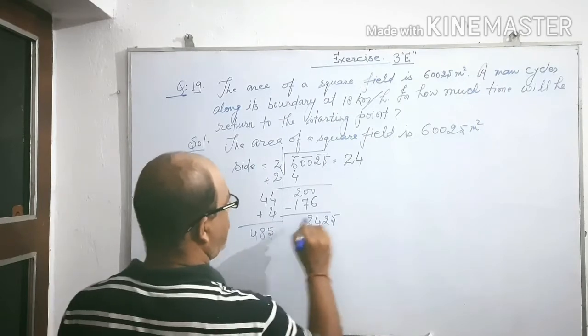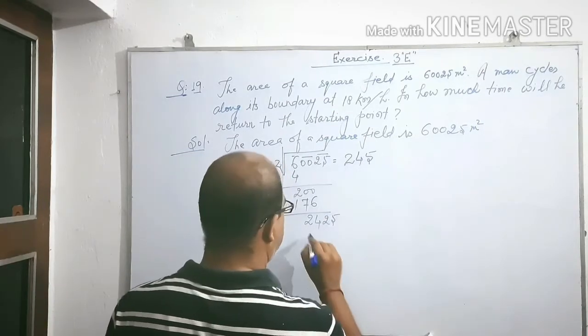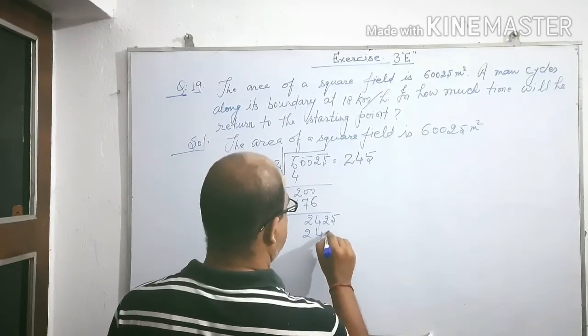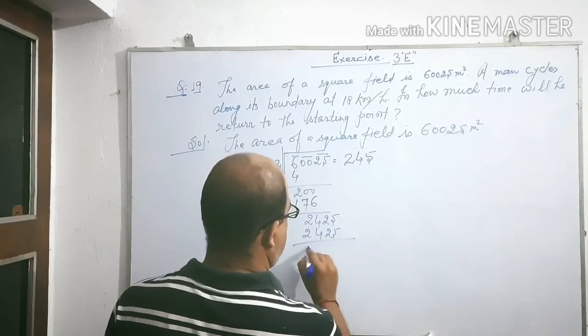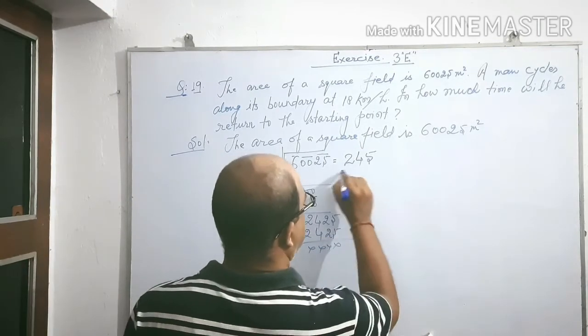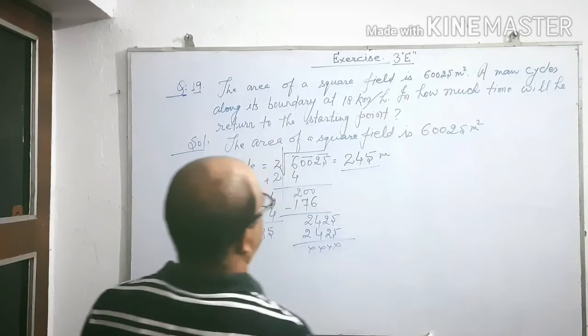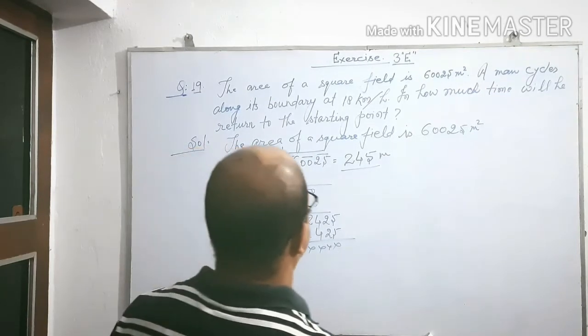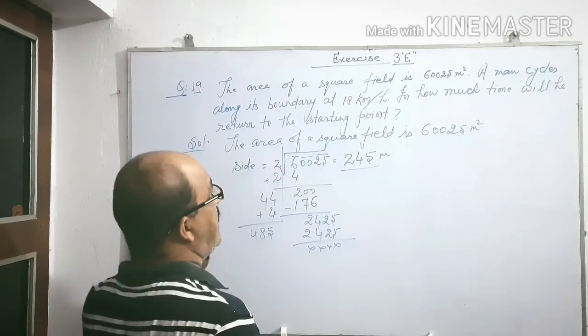Now 5, when we multiply it by 5, it becomes 245. So 245 meter is the side of the given square field.